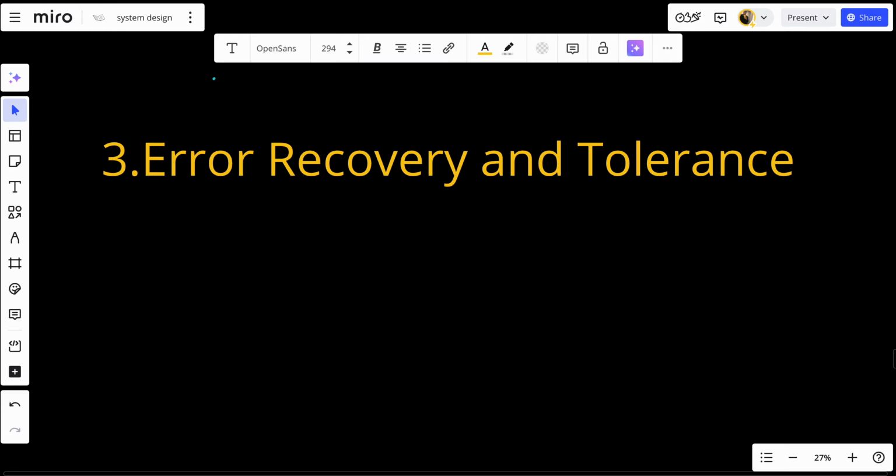For example, if a payment processor is down, the shopping cart and browsing features should still work. Second, retries and backoffs. For transient errors like a failed network request, implement retries with a backoff strategy where the system waits before retrying the request.